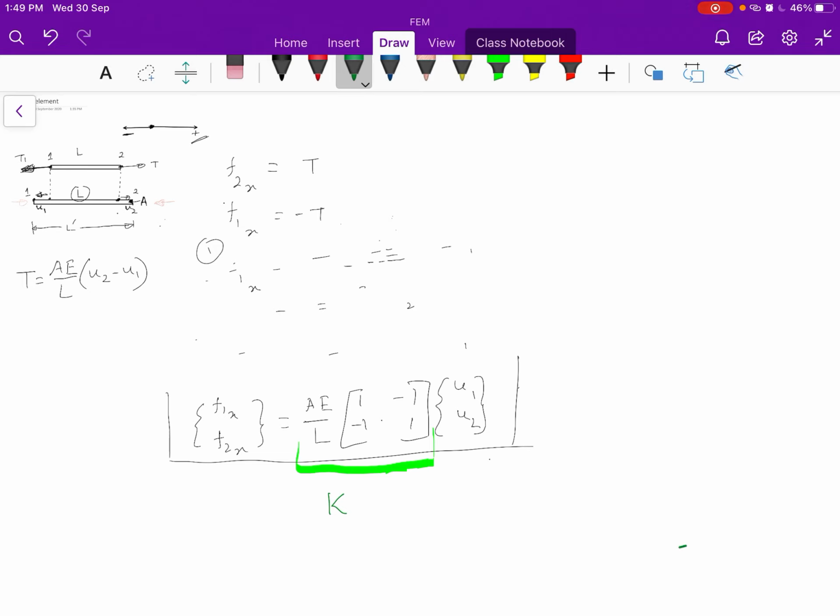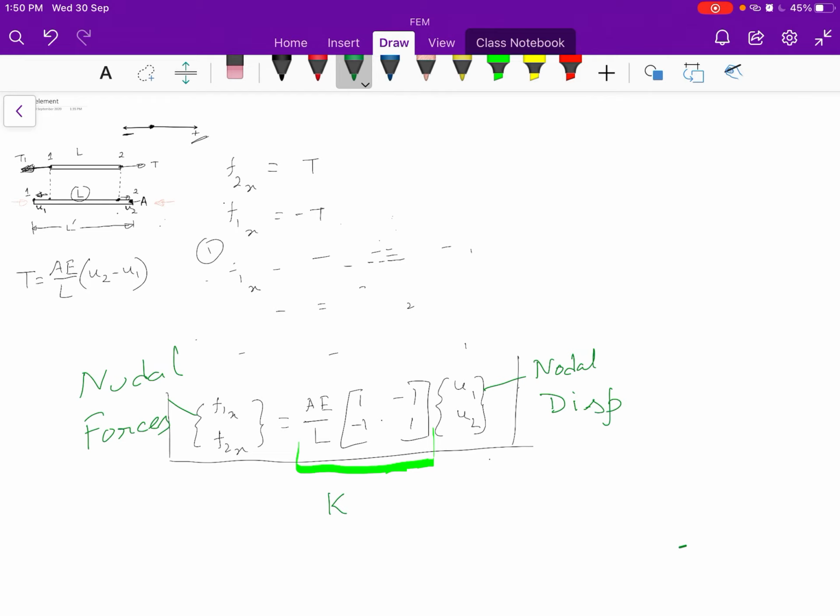And these terms, when written in this column matrix form, would represent the nodal displacements. And this would represent nodal forces.